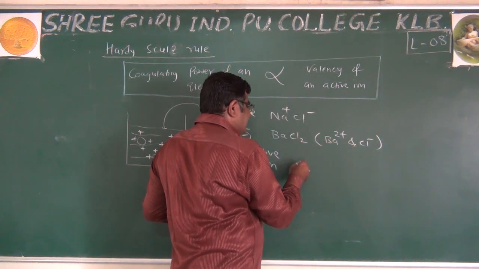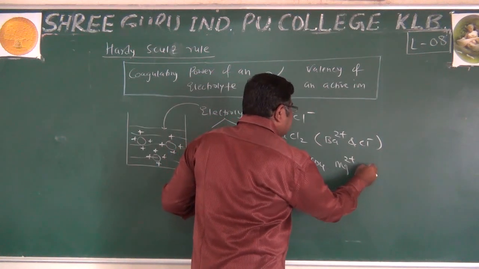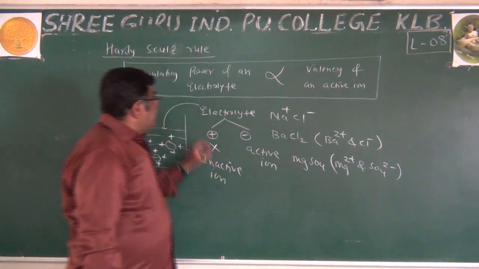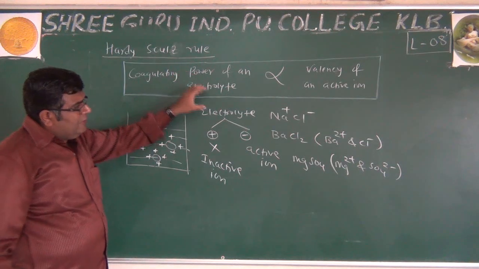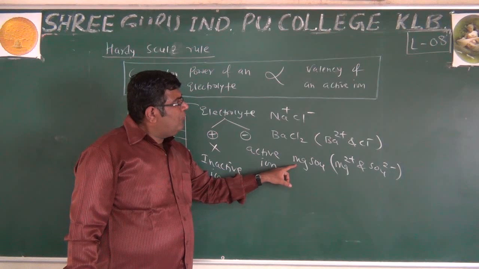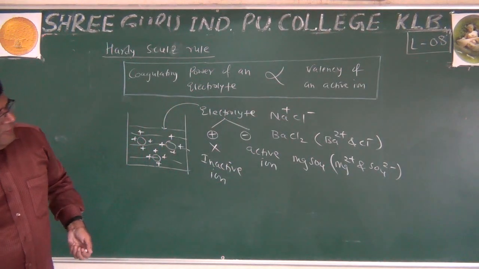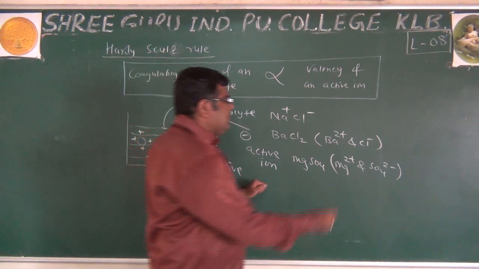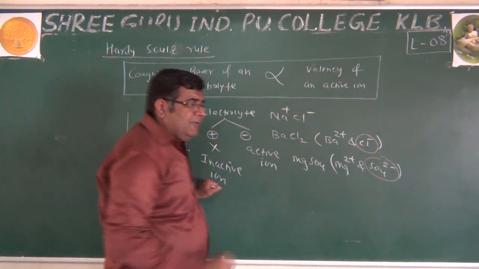But if we take magnesium sulfate, it will give Mg plus 2 and SO4 minus 2 ions. If we apply this rule to two electrolytes, BaCl2 and MgSO4, the active ions in these two examples are the chloride ion and the sulfate ion.